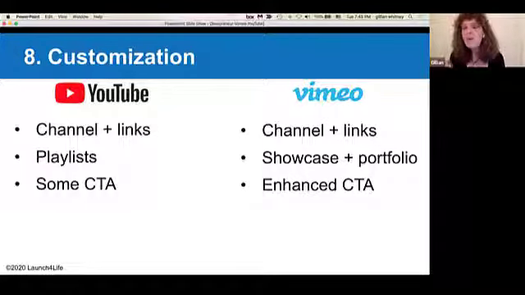And then Vimeo actually does something even better. They have showcases, which is, again, like a playlist, but they even have something called a portfolio where it looks like a landing page. So you can have your video with some links and some titles, put it in your brand colors, and you can do some really nice stuff. So Vimeo is really good that it does portfolios, and that's a really nice thing.